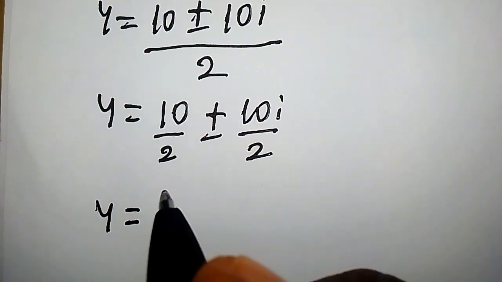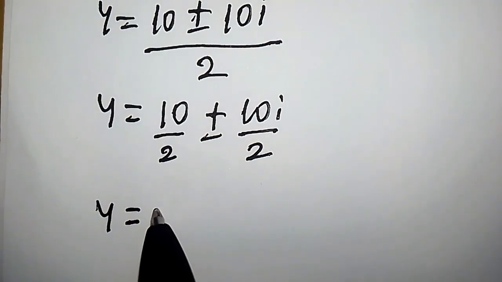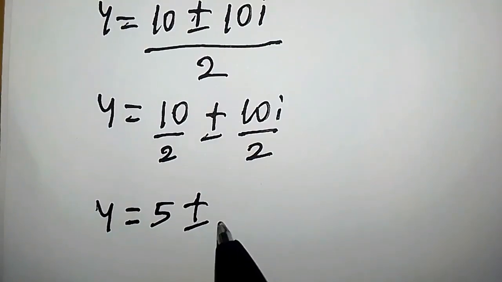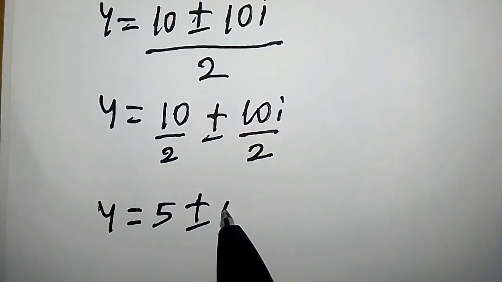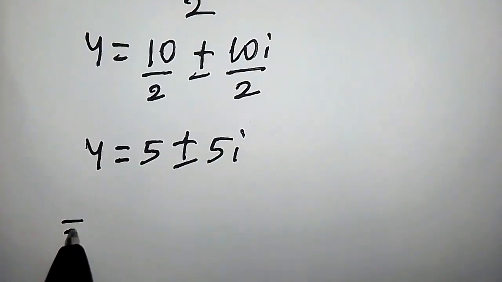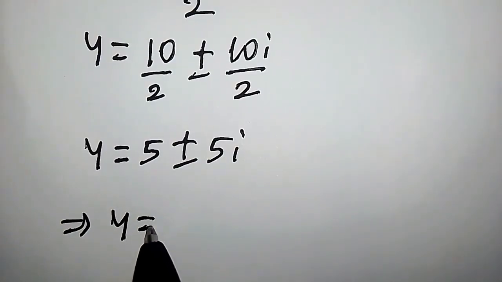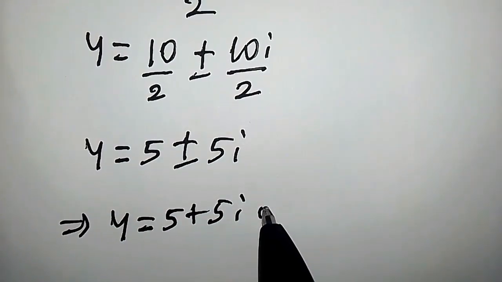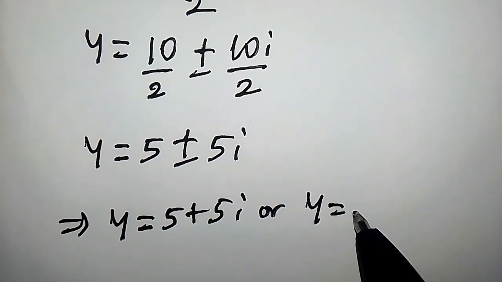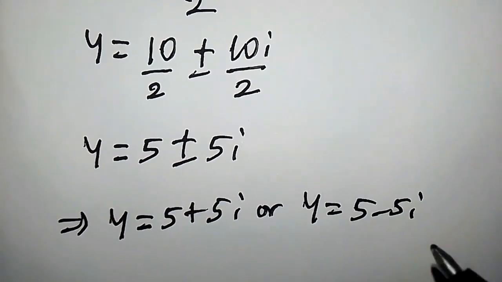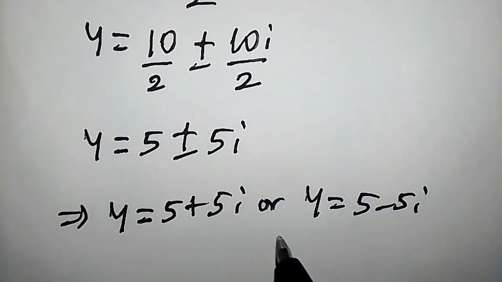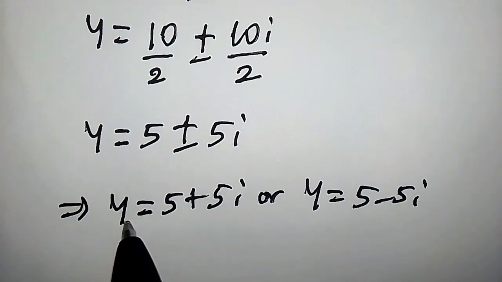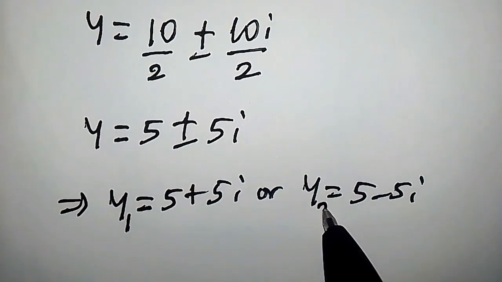Y is equal to 10 divided by 2, that is 5, plus or minus 10 divided by 2, so we have 5i. This implies that y is equal to 5 plus 5i, or y is equal to 5 minus 5i. It is obvious that we have two values for y. Let us call this y1 and this y2.